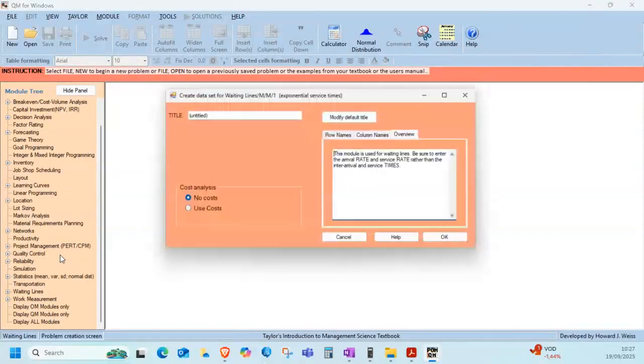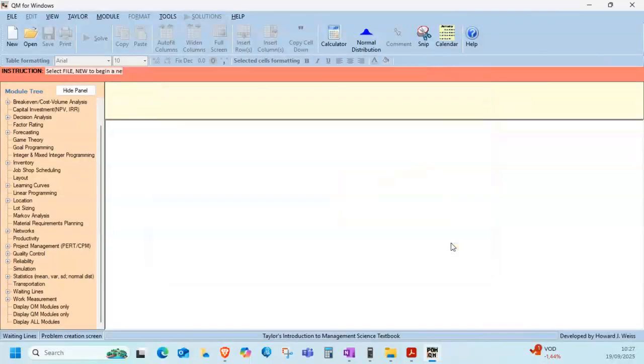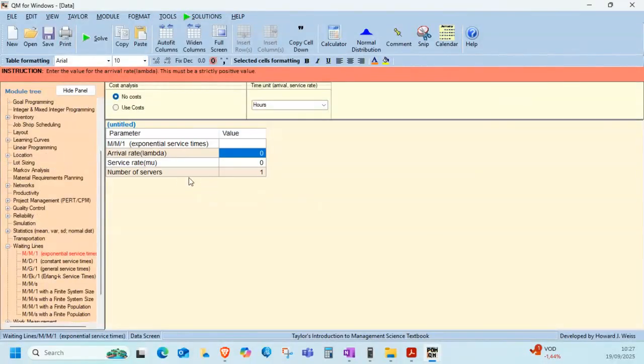Usually we're doing the exponential and no cost. If it has cost, then you can say cost. If no cost, it will appear like this: exponential service time, arrival rate, service time rate, number of servers, and you work just like that. It will give you what you want.